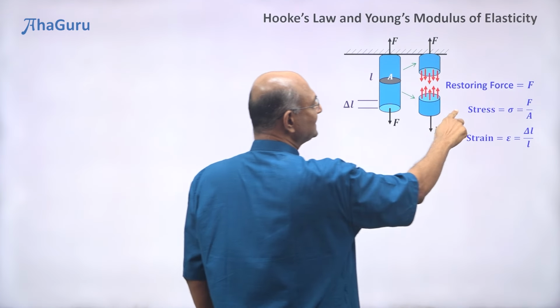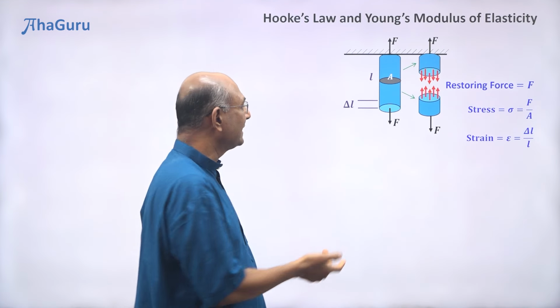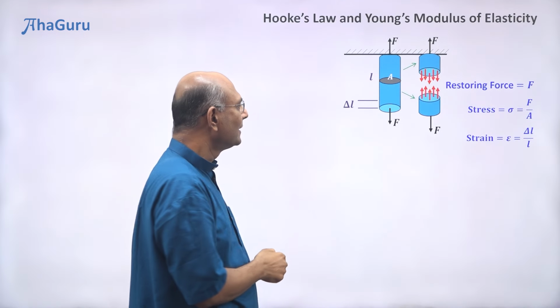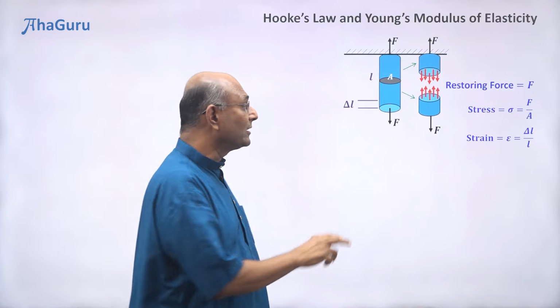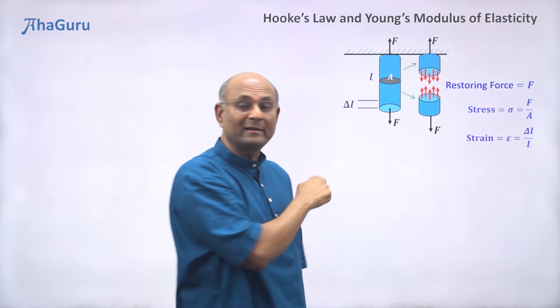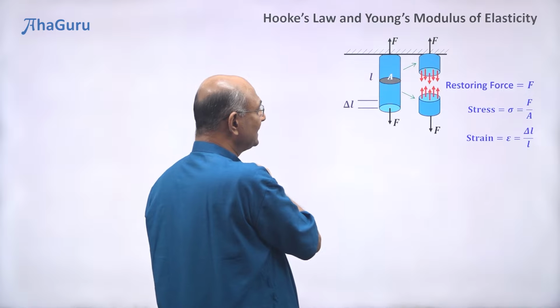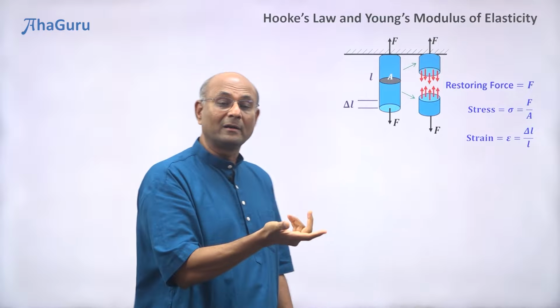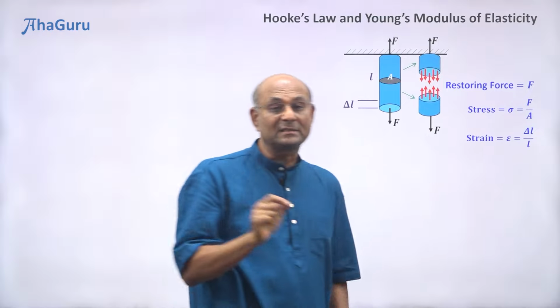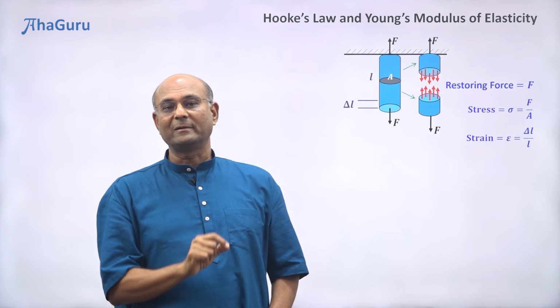But doubling the force means the stress has doubled, right? The area of cross section remains the same. So doubling the force means doubling the stress. And when you're doubling the stress, you're doubling the elongation, doubling the delta L. But L remains constant. So that means the strain has doubled. So doubling the stress means strain gets doubled.